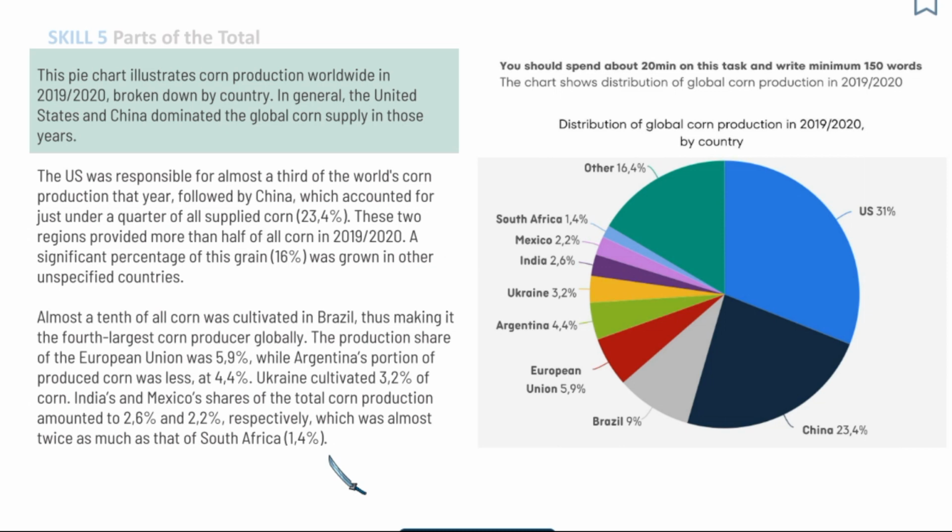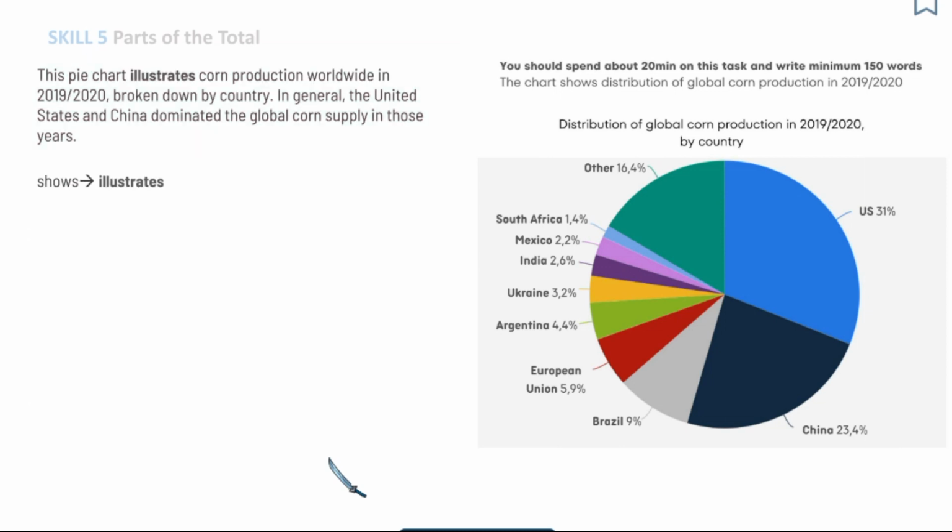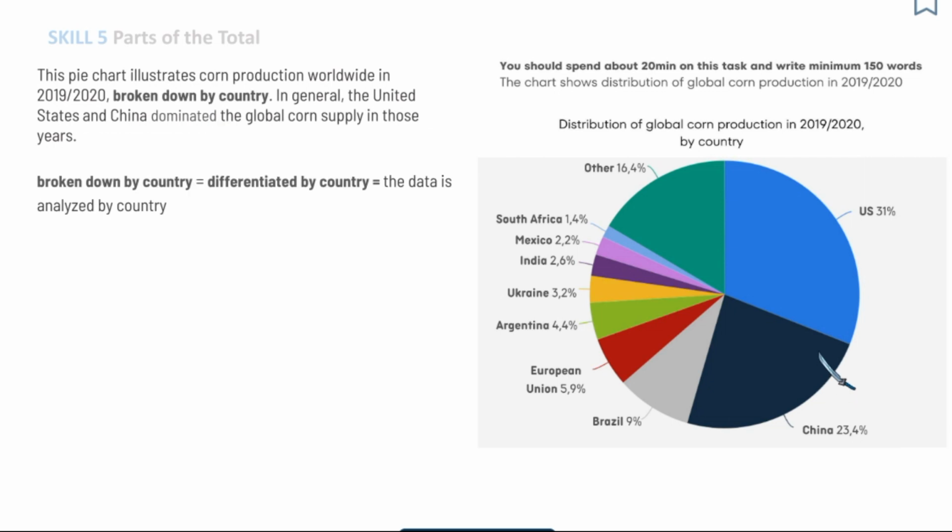Let's talk about the introduction. Here, when I was paraphrasing the topic, instead of shows, I have used the word illustrates. This pie chart talks about contribution of several countries. So we are talking about countries.